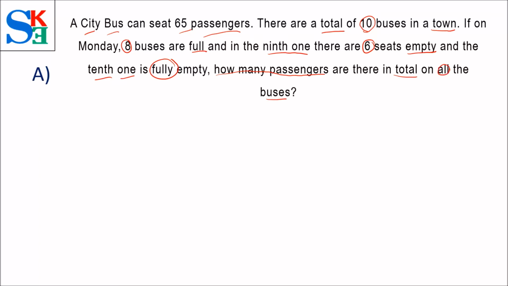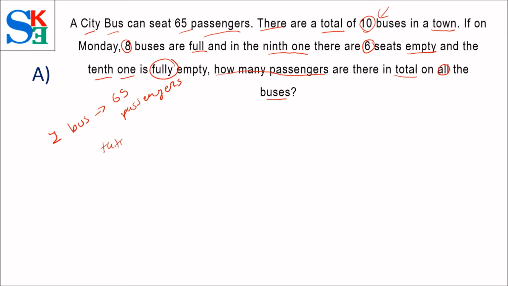Okay, so I'm going to start with the first line. A city bus can seat 65 passengers. So what it is saying is that one bus can seat 65 passengers. There are a total of 10 buses in a town.